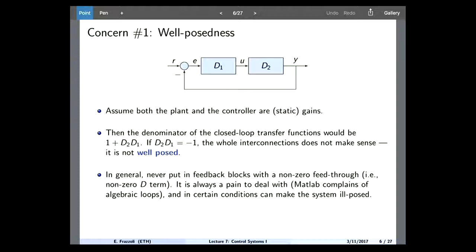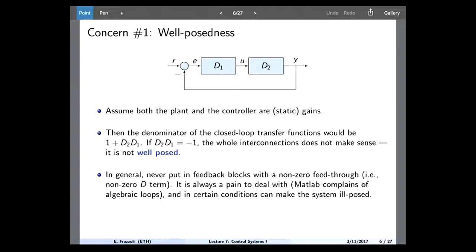At least one. Okay? Do not have feed-through in all the terms. MATLAB gets upset. And in particular, if the product of all these D terms equals -1, you have even more trouble because your mathematics just do not make sense. So again, just don't do it.